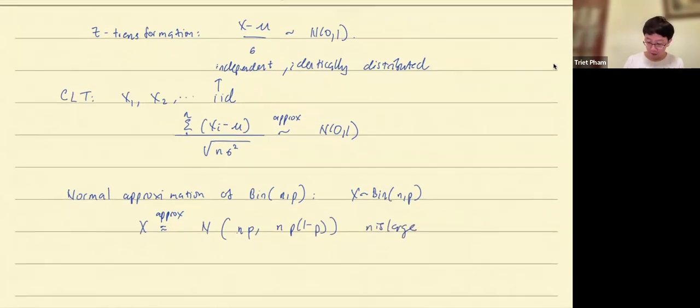Or you will see something like this: X minus np over square root of np(1 minus p) is approximately a standard normal.